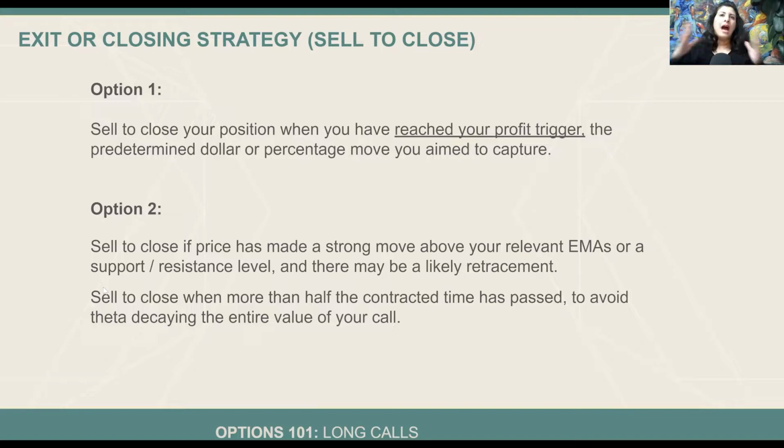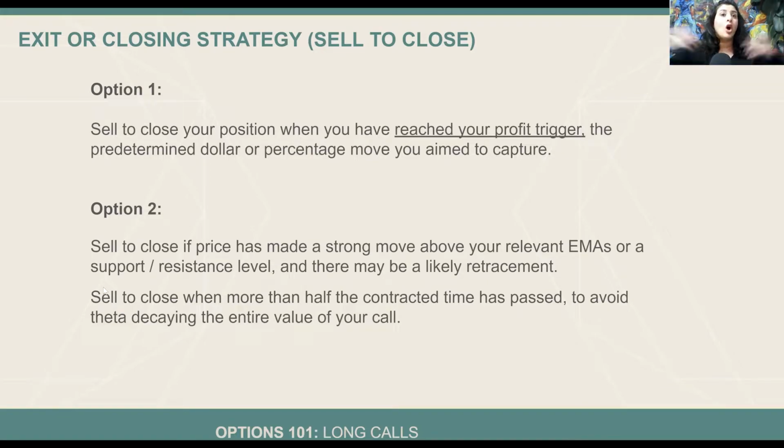At that point, it makes sense to exit that position, because unless you have a really strong reason to believe that price is going to make a sudden big move at the end of that contract, you are losing value that is part of that contract, because you paid for time and now you're losing time and the underlying isn't doing what you expected.